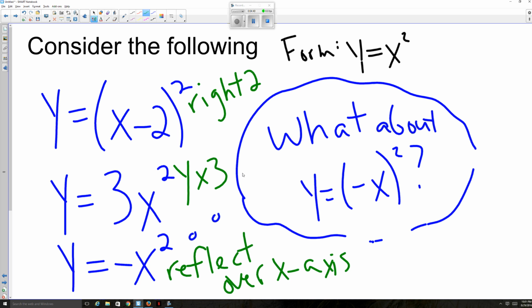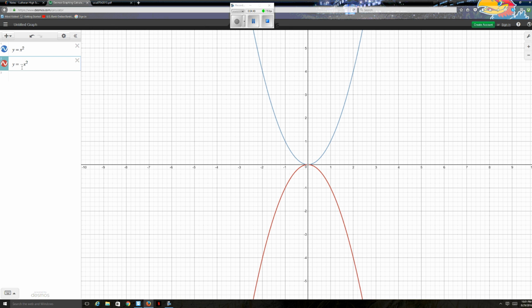So that brings me to this thought bubble. What if I put the negative inside the parentheses? Well, you guys should know this. Let me just start all over here. So y equals (negative x) squared.